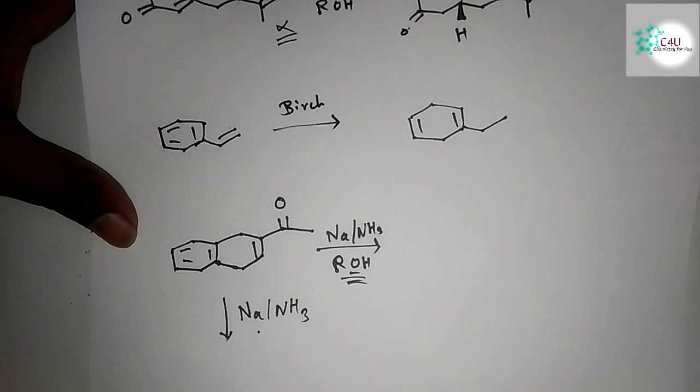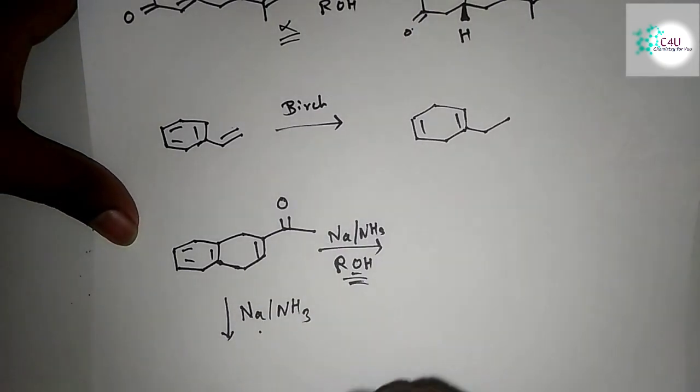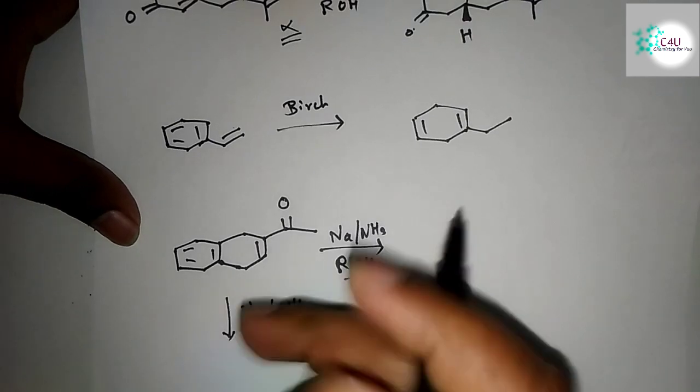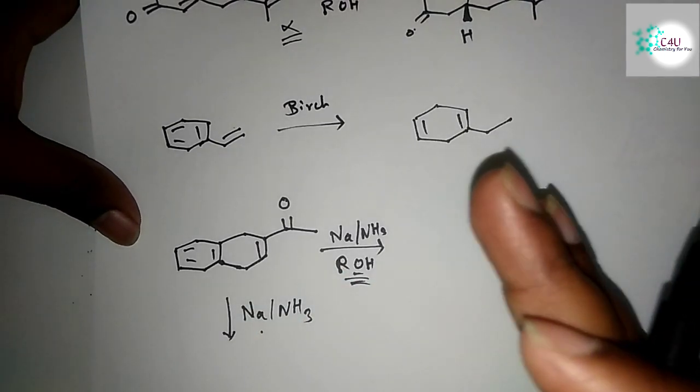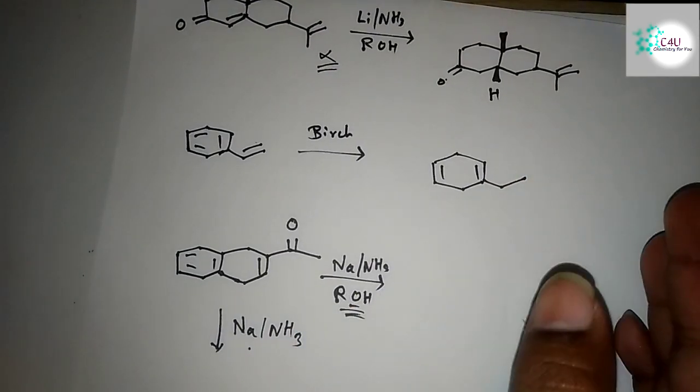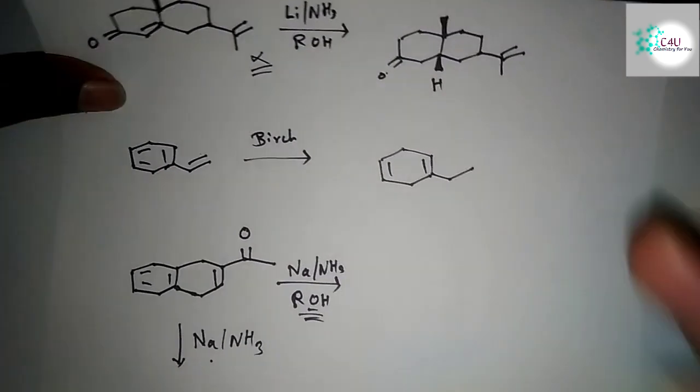I'll give you a basic trick here. Okay, in absence of alcohol, Birch reduction goes slower. I have cleared why it goes slower and all the things in my another video which is about the basic mechanism of Birch reduction. You can go there.